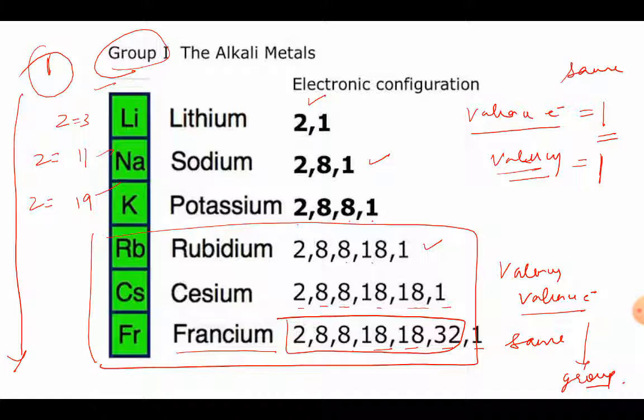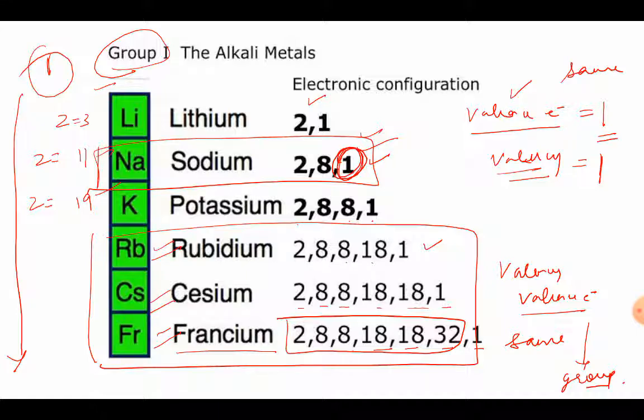So we need not have any information about the electronic configuration of rubidium, cesium or francium. Suppose I am very sure about sodium, so I will do its configuration, find out the valence electrons, and then I can find out the valency also, right?